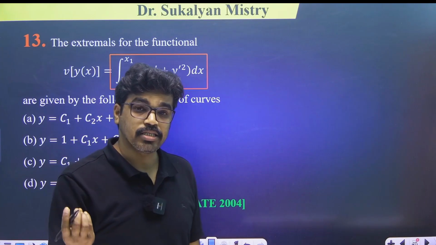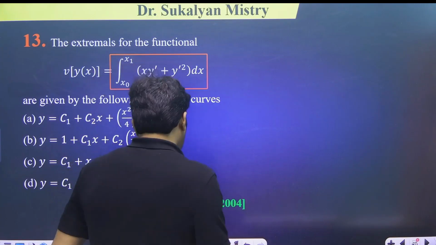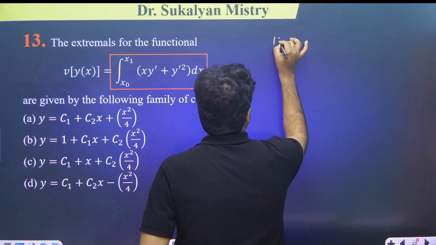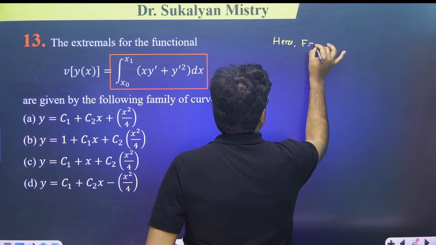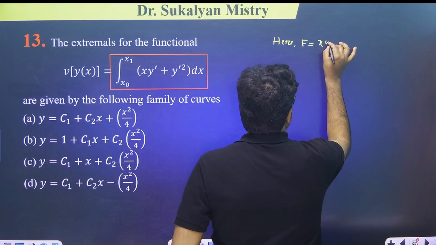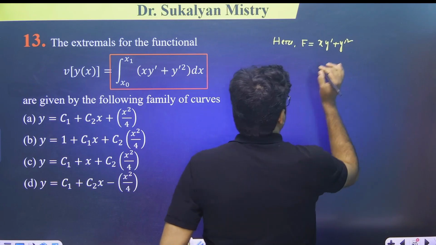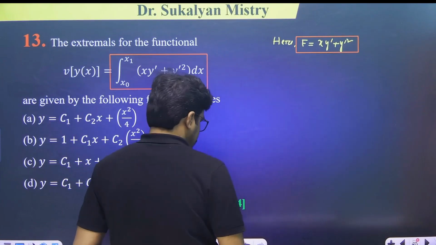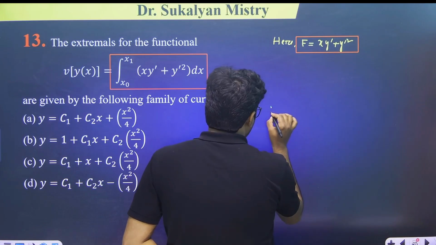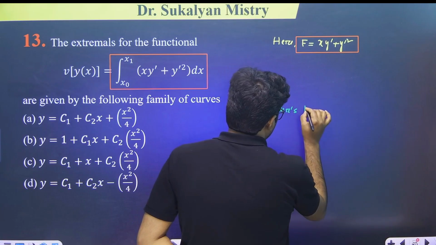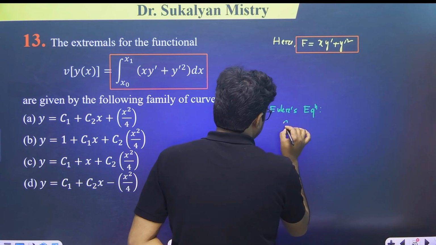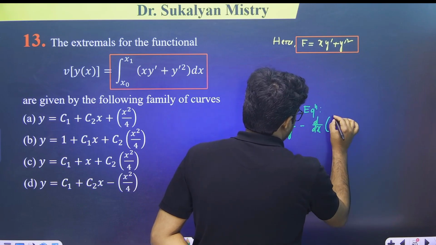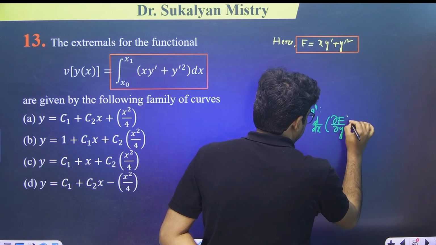That is del f del y minus d dx of del f del y dash is equal to 0.